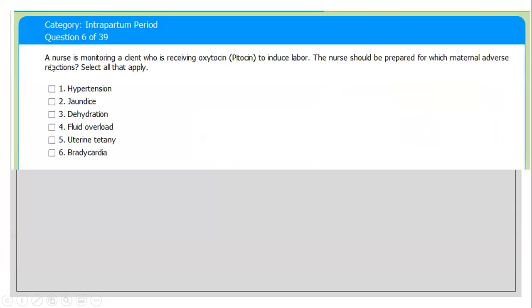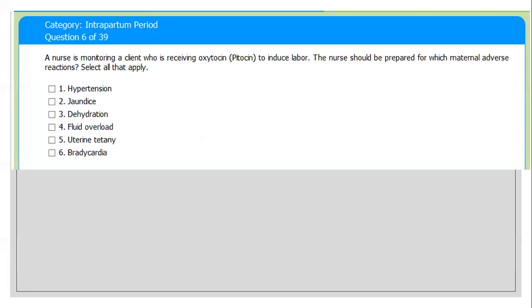Next question. A nurse is monitoring a client who is receiving oxytocin or Pitocin to induce labor. The nurse should prepare for which of the maternal adverse reactions? Select all that apply. A common medication we use in maternity is oxytocin. The other name is Pitocin.